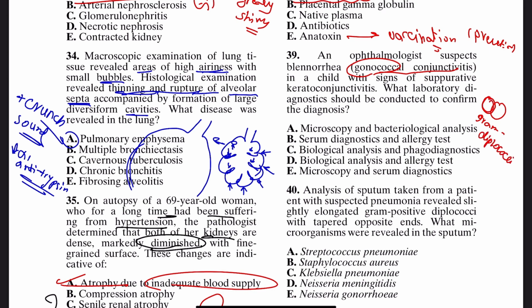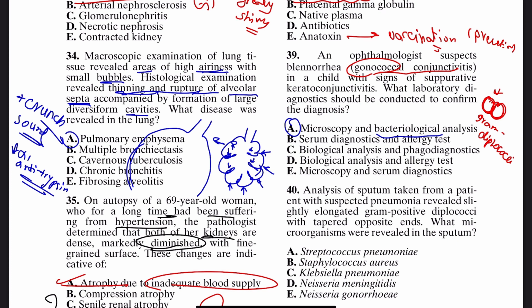Diplococci means the two bacteria are close to each other, coffee-bean shaped, and it causes conjunctivitis. The best way to diagnose gonococci is to look under microscopy. Why? And also bacteriological analysis.